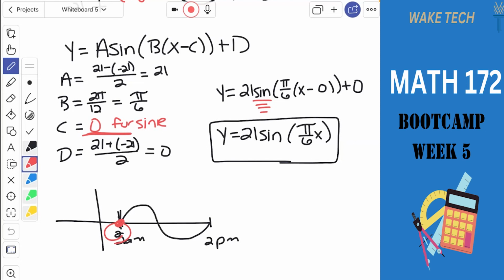Does that make sense? Yep, that makes sense. Okay, so if you're writing a sine cycle, the C value is the time that cycle begins. But not always 0, no.